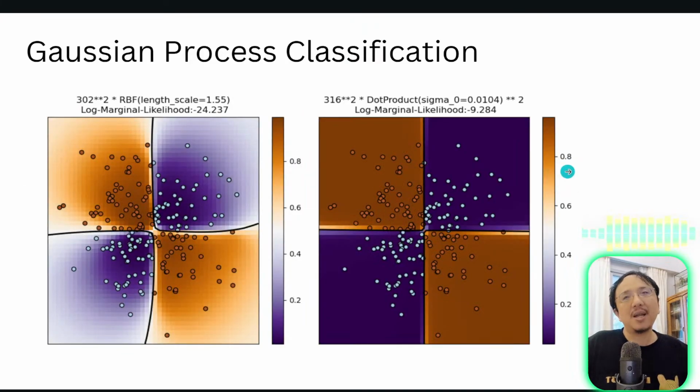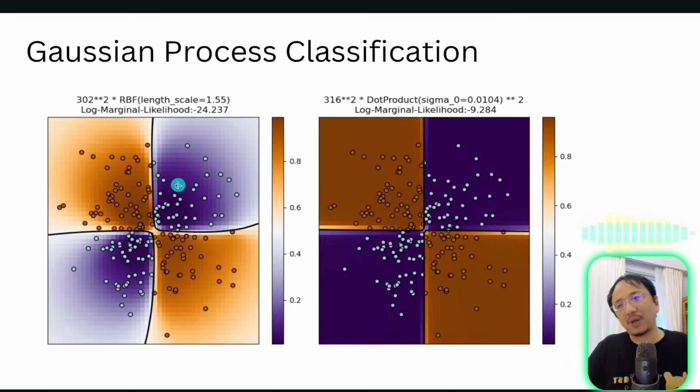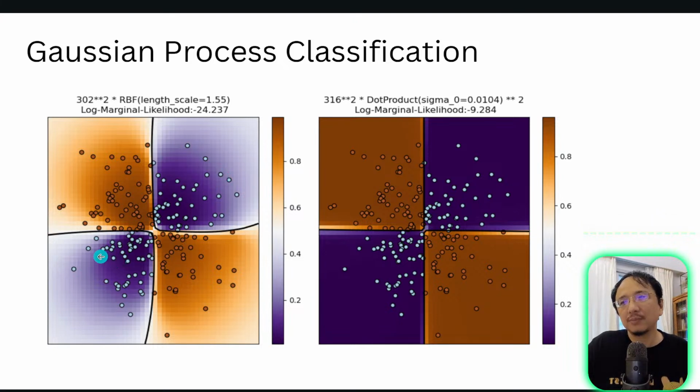One way to see that is Gaussian process classification. Now here we have an XOR dataset. That is, one class is in the first and third quadrants, and the other is in the second and fourth.